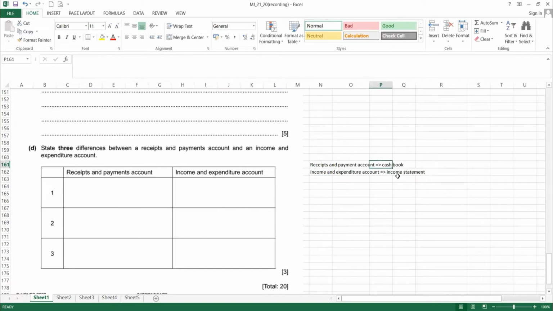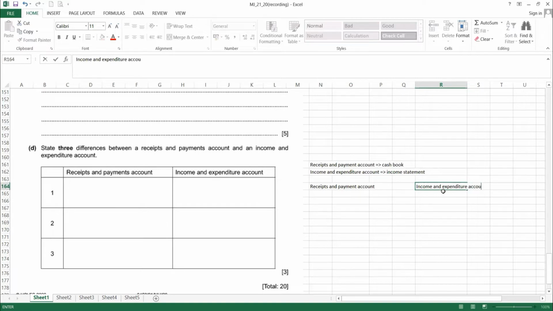We can use back the cash book and the income statement points to answer it. So receipt and payment account, income and expenditure account. Okay. Let me put into here.